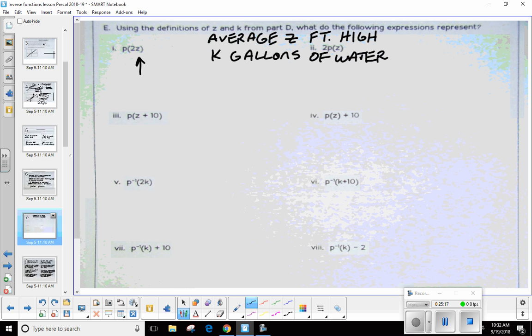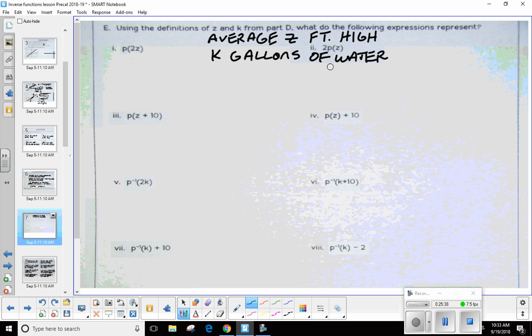Wouldn't that be double or twice the average height? So I would say something probably along these lines: P of 2Z would represent the amount of water needed for a tree twice the average height. Something along that. So you have to think about what the function represents.